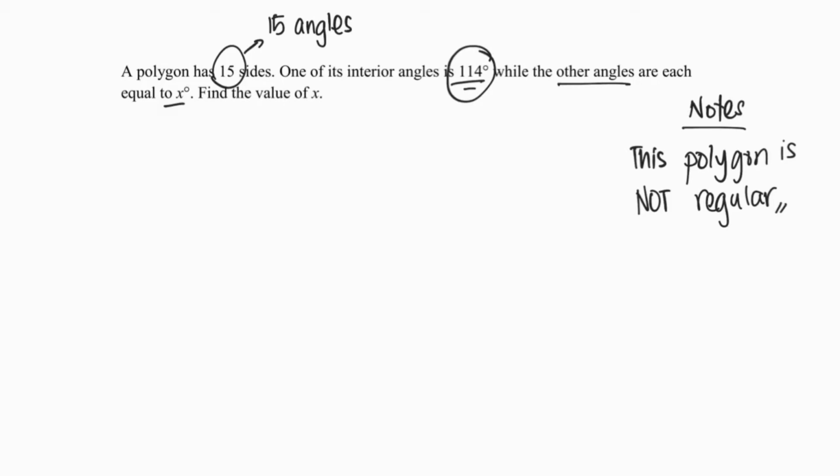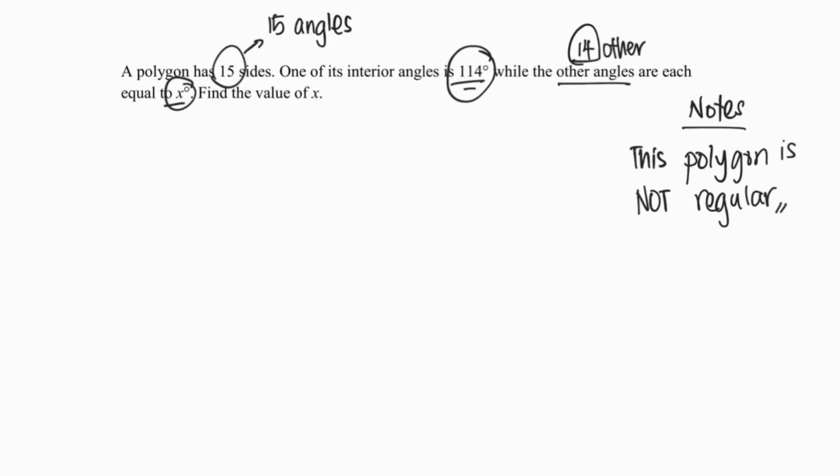So how many other angles are there? 14 other angles. Okay? So there are 14 other angles, each is x. That's why when I find the interior angles later, you will see me having 14 times x.